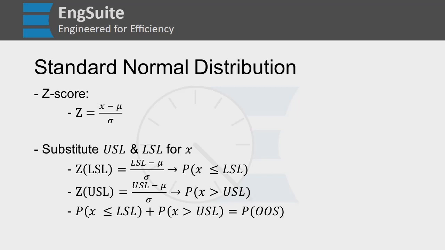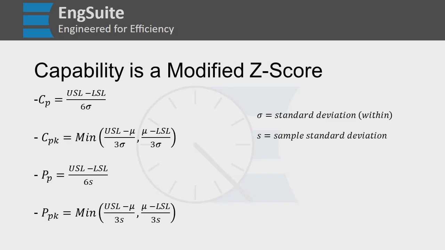Again, we know that those add together to the probability of an out of spec condition. Now this kind of looks like we took a bunch of extra steps. We already had this. Why would we want to calculate out x minus mu over sigma? Well, it's because this shifts everything. It transforms all of the data to be centered around 0 with a standard deviation of 1. And that's how we get capability.